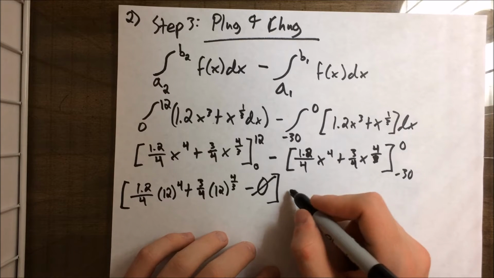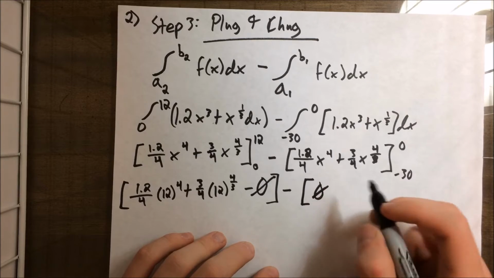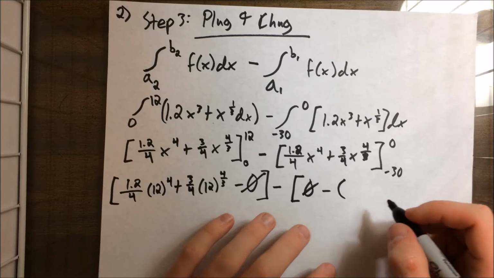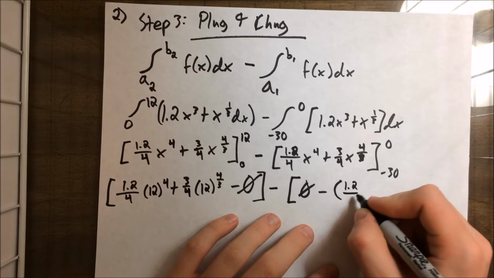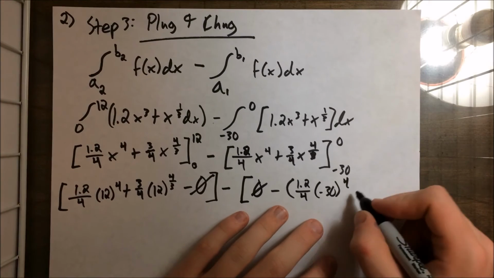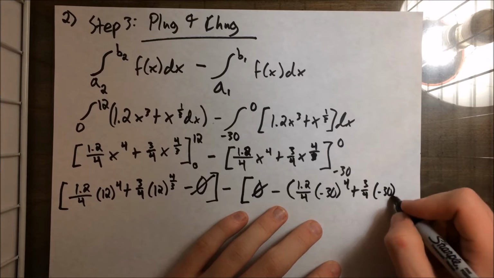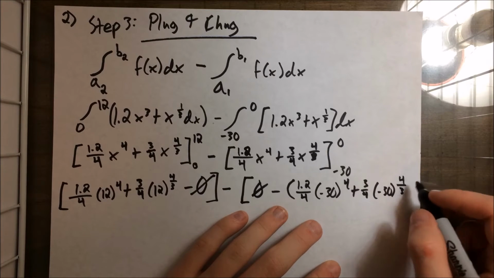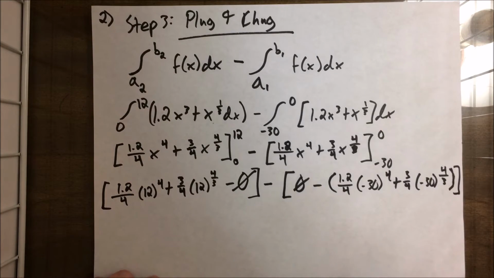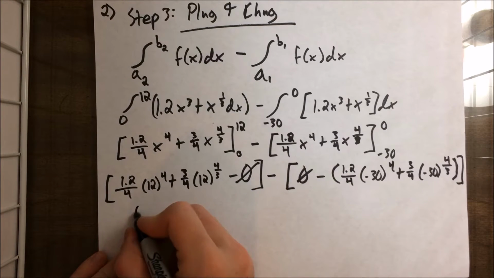Okay, so then minus 0 minus that, plugging the negative 30 in. So 1.2 over 4 times negative 30 to the 4th plus 3/4 times negative 30 to the 4/3, and close parentheses and close brackets.